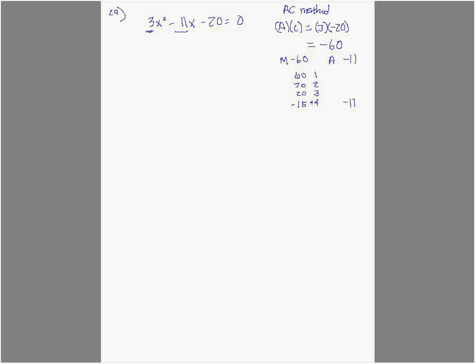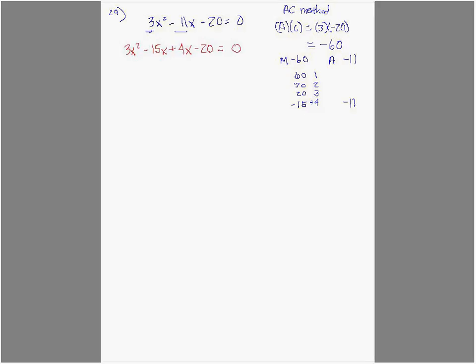Okay, so now that we've figured out our factors, we're going to go back and rewrite this equation. 3x squared. Instead of the negative 11x, we're going to use our factors. Negative 15x plus 4x, minus 20 equals 0. Now that we have 4 terms, we are going to factor by grouping.